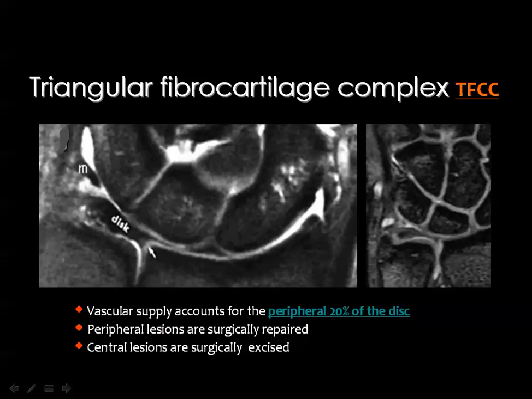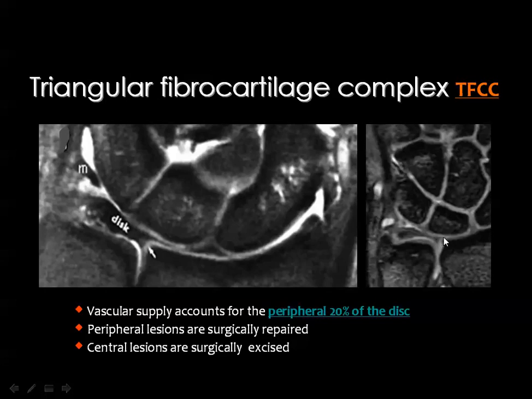Also, one of the normal findings is that whenever you reach the attachment of the triangular fibrocartilage, you can see some intermediate signal, and this represents the articular cartilage of the radius extending through the base of the triangular fibrocartilage. This is considered normal.